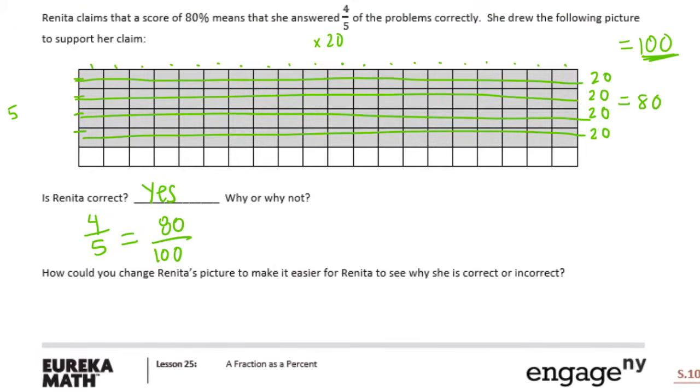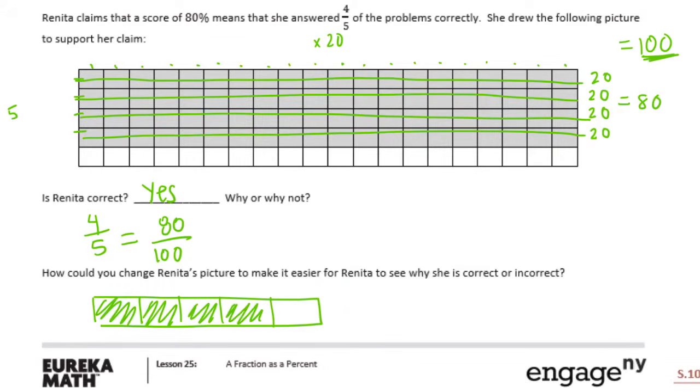She just doesn't need as many rows. She could have just made something like this and shaded in 4 out of 5. So I would simplify the picture.